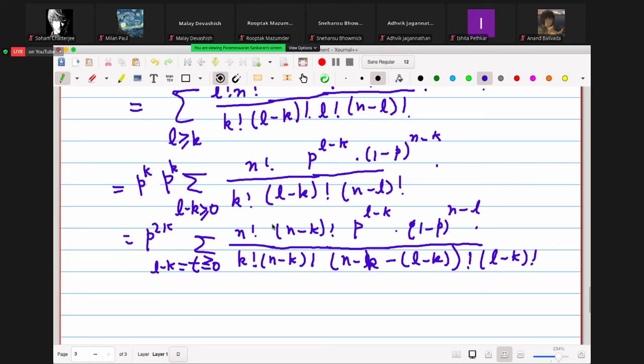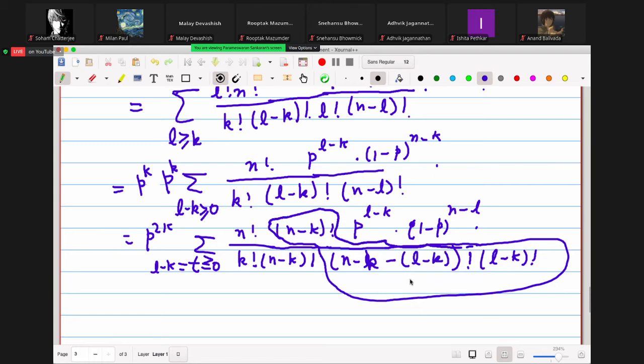Yeah. So you see this term and these two terms together form a binomial quotient, no? (n minus k) factorial, so it will be n minus k choose L minus k. So, and then I want to write this as exactly this.